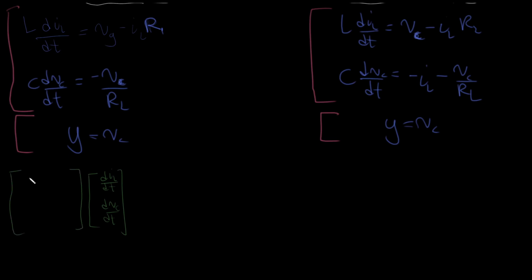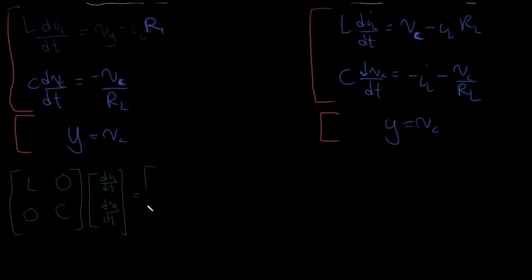So this first equation, this top row, only has to do with dIL by dt. There's no dVC by dt. So that means this entry must be 0, because we're not picking this out for this equation. Meanwhile, dIL by dt is multiplied by L. For the second equation, there's no dIL by dt, so this entry must be 0. And we simply multiply dVC by dt by C.